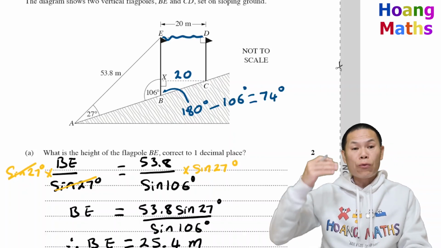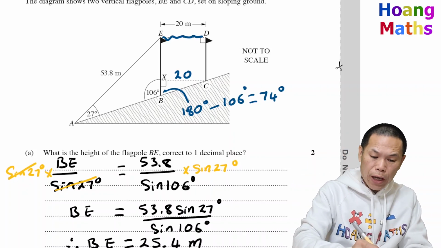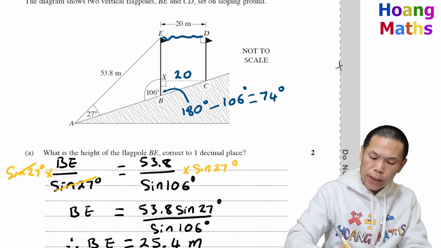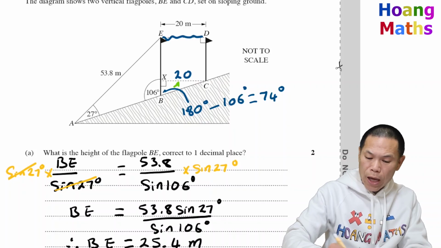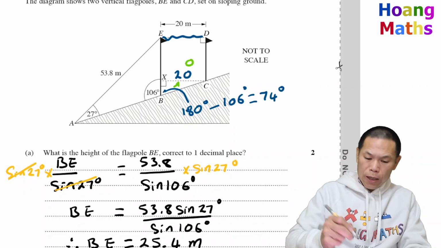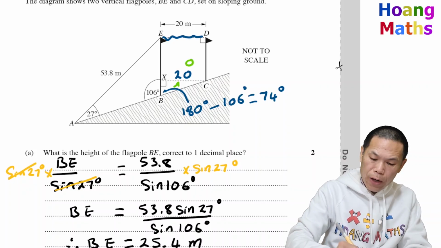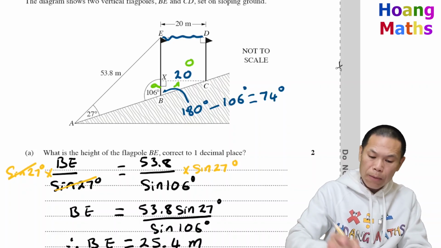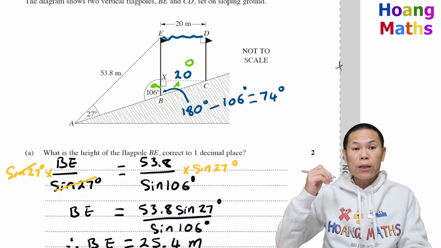So therefore it's a right-angle triangle, and we know that 20 is opposite the angle 74 degrees, so we label O, and BX is next to angle 74, so we label A.